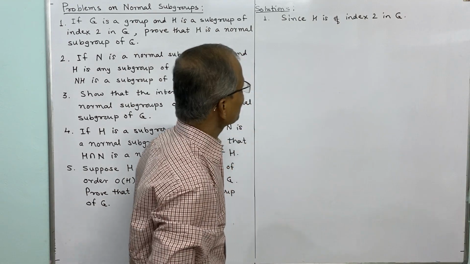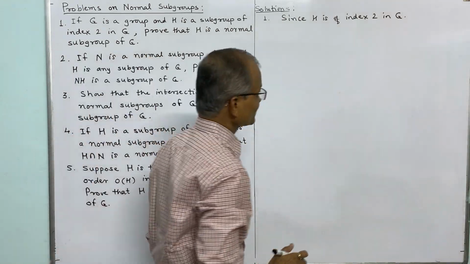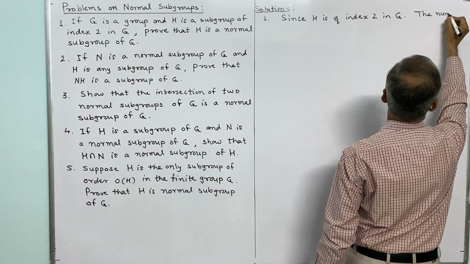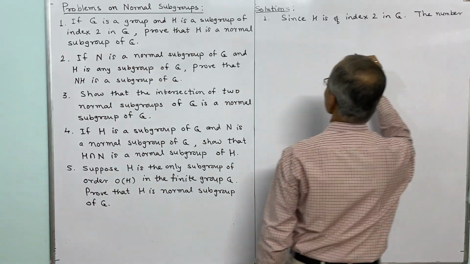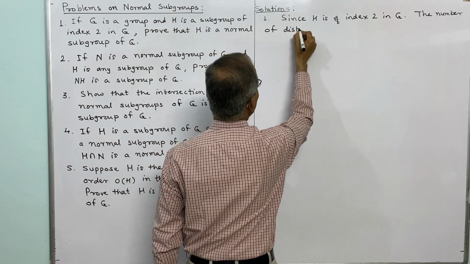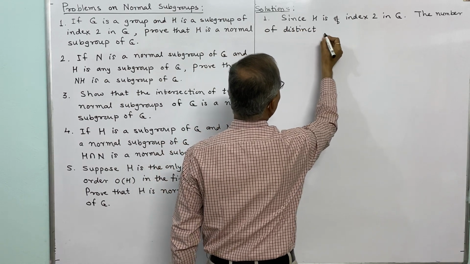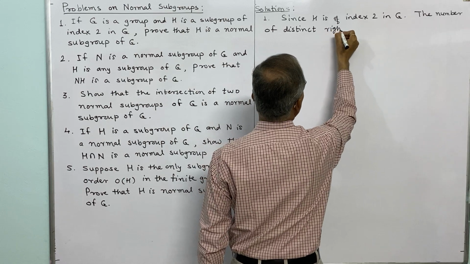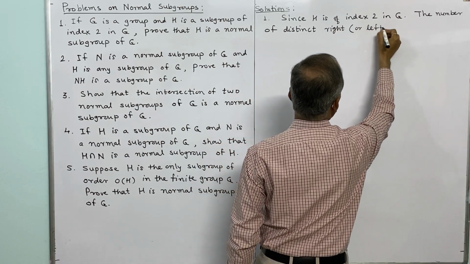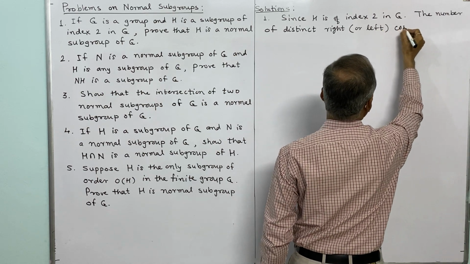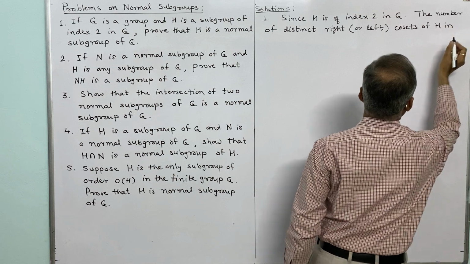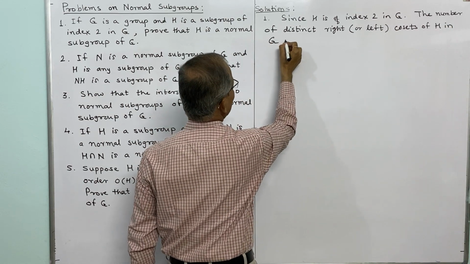the number of distinct right or left cosets of H in G is 2.